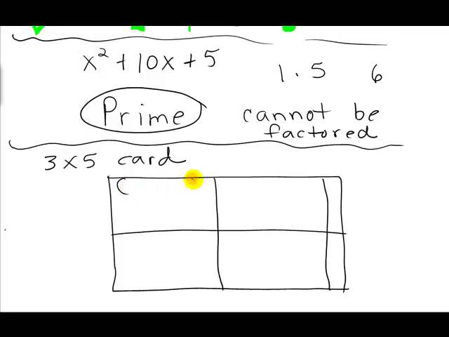If I have a trinomial and everything's positive, then my binomials will be positive. If I have a trinomial with a negative in the first position and a plus in the second, then I will have two binomials that are both negative. In both of these cases, we add to get the middle.